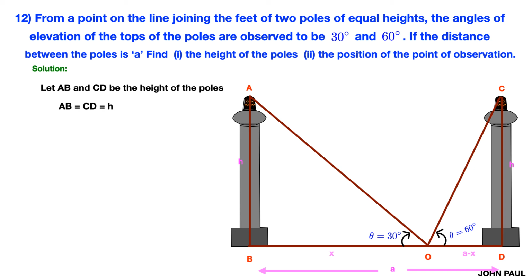AB equal to CD equal to H, since both are the same height. O is the point of observation.